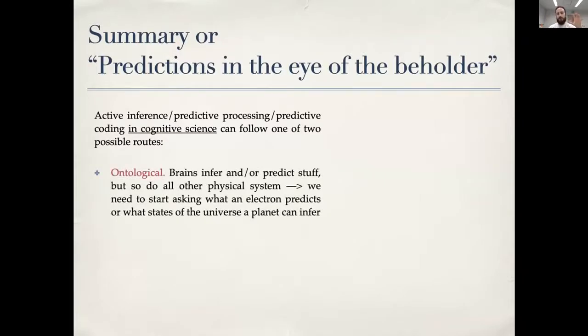One is purely ontological, in which you say, oh, brains are predicting something, which is a very popular way of explaining this framework nowadays. But in the same way, you will have to ask what Ceres is predicting when it's rotating around the sun. You will have to ask what an electron is predicting when it's orbiting around some nucleus. This is risky to me.